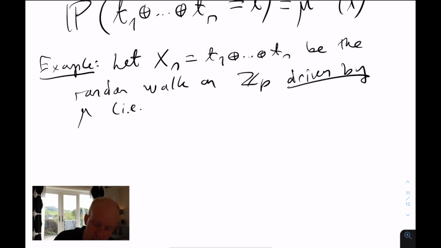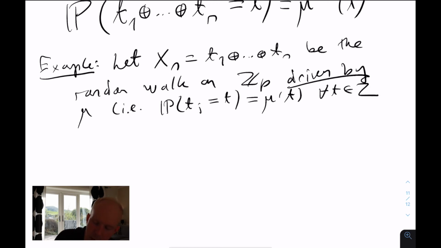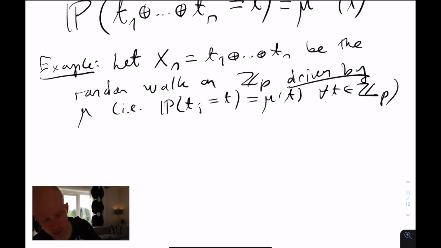When I say it's driven by this mu, it just means that the probability of each T_j equal to t is mu(t). So the distribution of these is equal to the distribution mu.